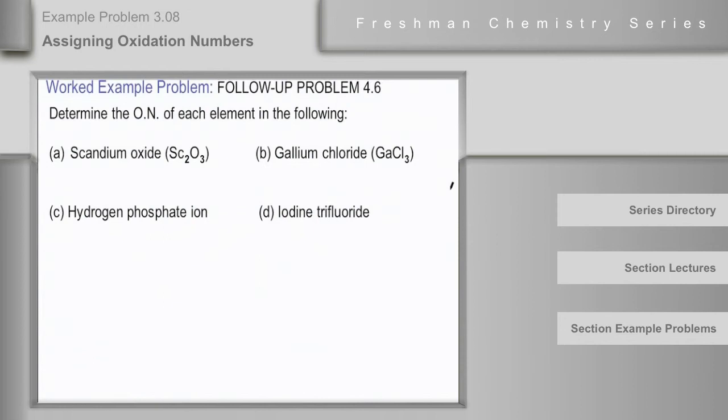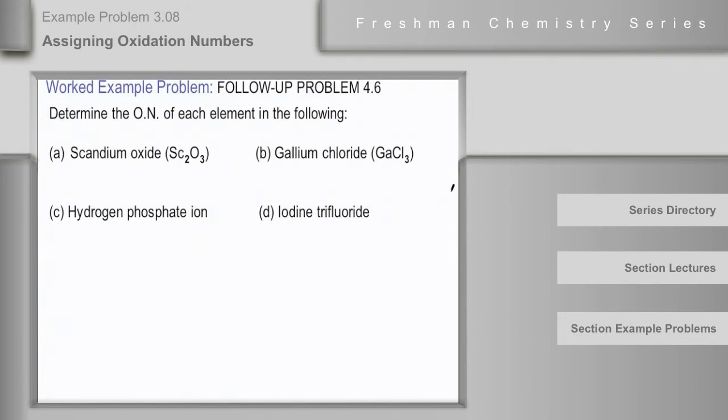There are some rules that have to do with the sum of the oxidation numbers adding up to 0 for neutral compounds, or adding up to the ionic charge for ions. There are other rules that assign specific oxidation numbers to oxygen and hydrogen and halogen compounds and various others. I expect that you will be familiar with those rules in order to proceed on this problem.